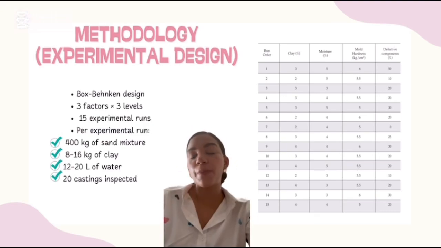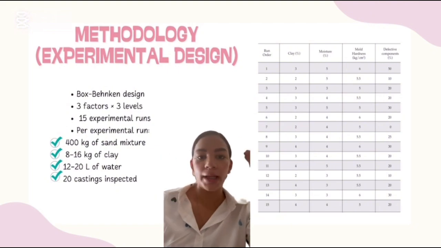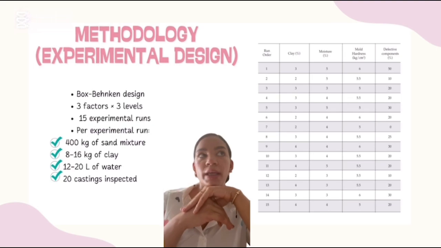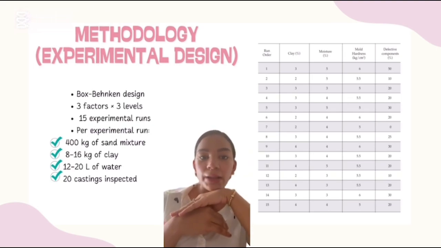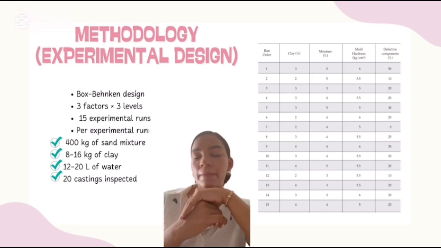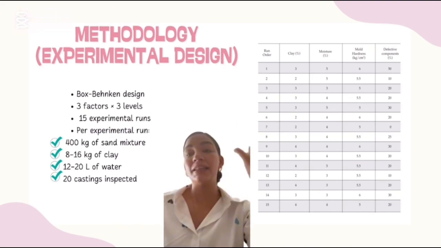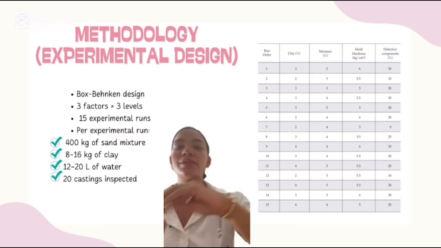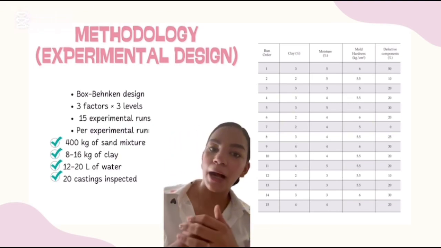When the mixture was prepared, it was used to produce 20 castings. Each casting was later inspected visually to identify whether it was defective or acceptable.